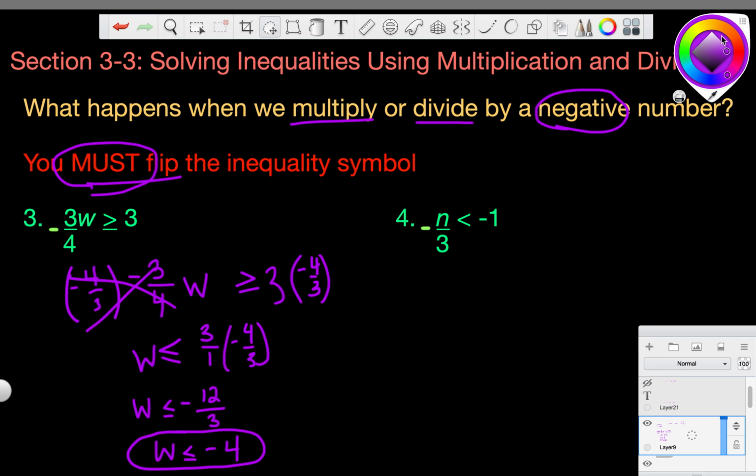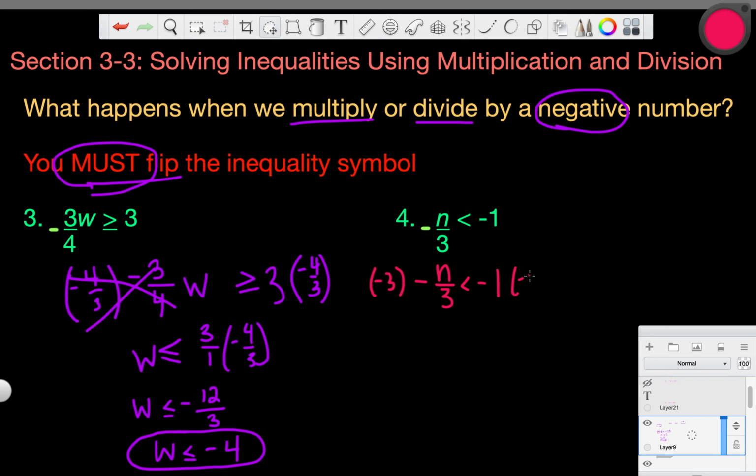So similarly on the right over here, we have -n over 3 is less than -1. Now I see division, which means that I must multiply to move it to the other side. They cancel.